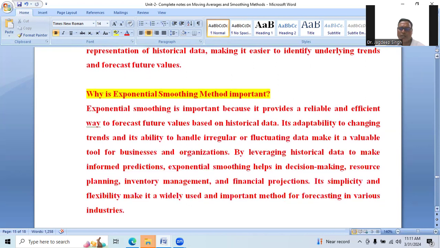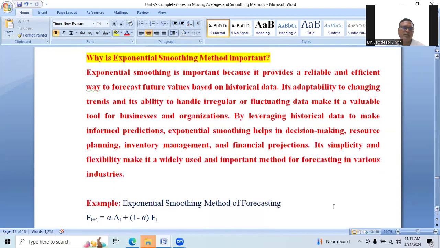Now, let us understand why it is important. Exponential smoothing is important because it provides a reliable and efficient way to forecast future values based on historical data. Its adaptability to changing trends and its ability to handle irregular or fluctuating data make it a valuable tool for businesses and organizations.